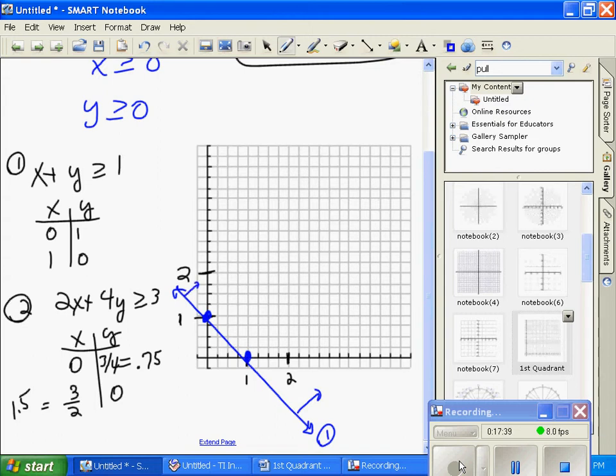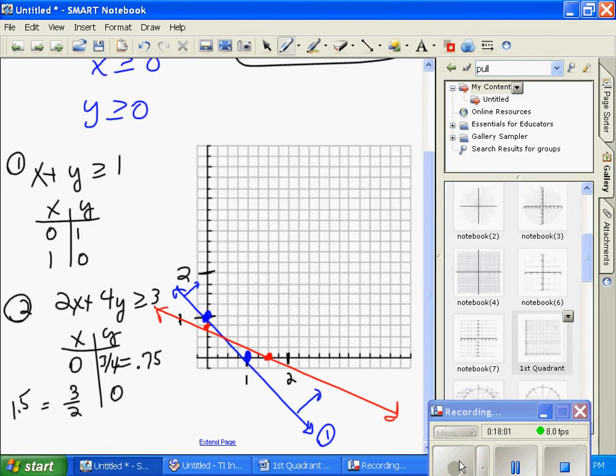Okay, here's my other equation graphed in red. 0 and then 0.75 is going to be here. And then 1.5, 0 would be right here. Graphing that one.